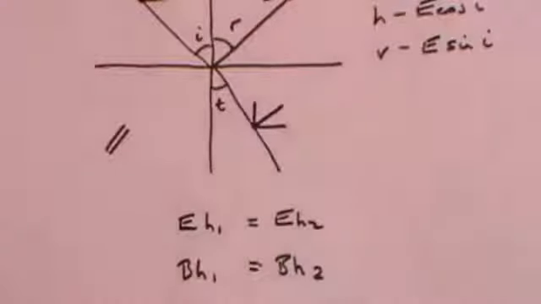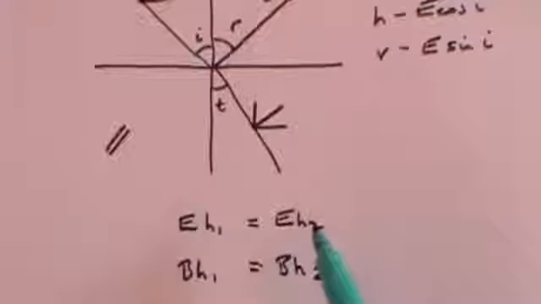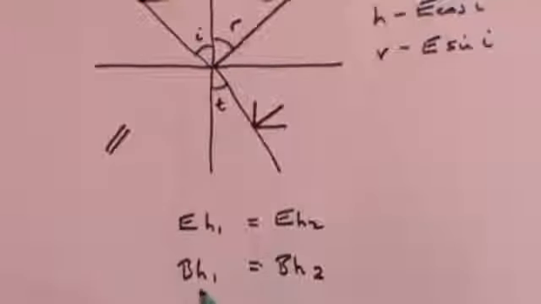That is to say, the value of the total electric field that is parallel to or horizontal to the surface in medium 1 will equal the horizontal E field in medium 2, and the horizontal magnetic field in medium 1 will equal the horizontal magnetic field in medium 2. Those are the two key boundary conditions which we've derived and which we need to use.